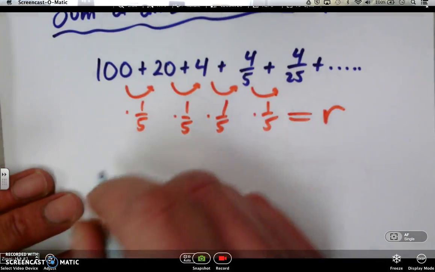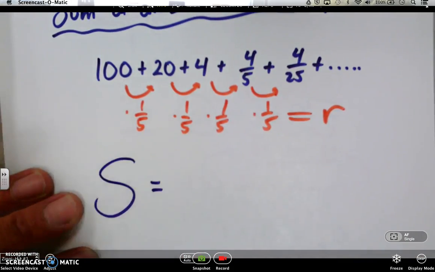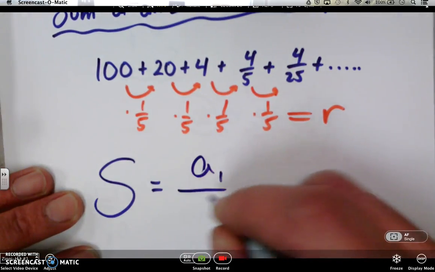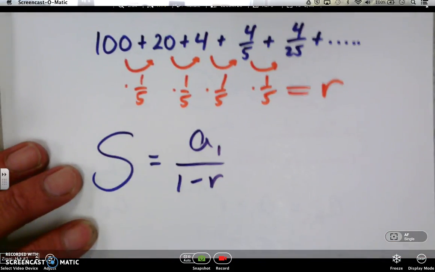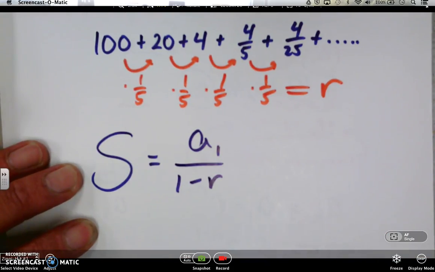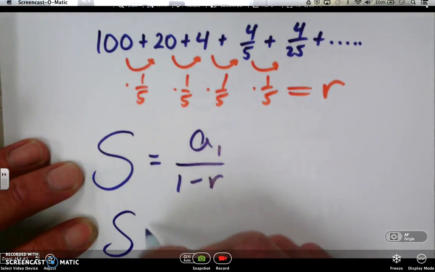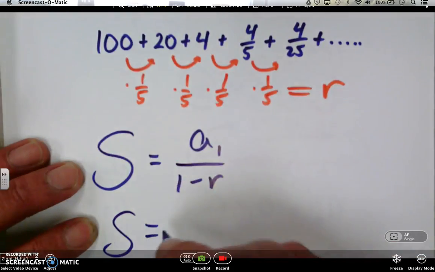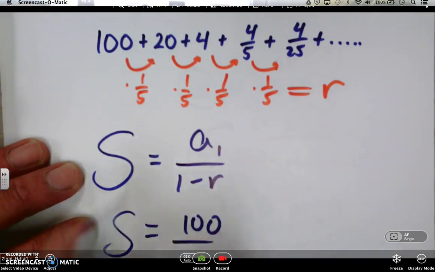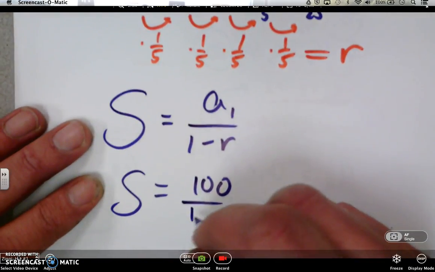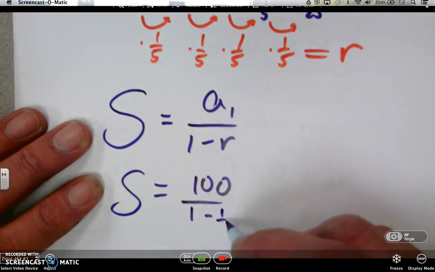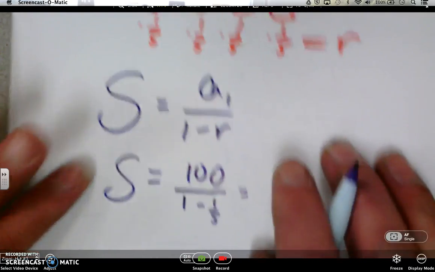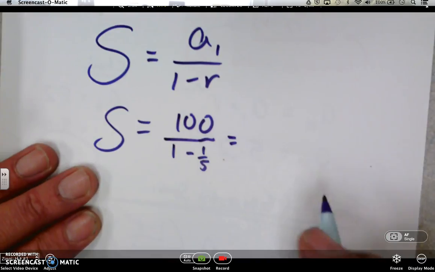So the formula for this thing, this one's actually not too hard to remember. a1 over 1 minus r. That's it. Like, really? That's it. So for us, the sum of this infinite series is 100, because that's our first term, over 1 minus r, which is 1/5. You might be surprised by the answer we're going to get here.